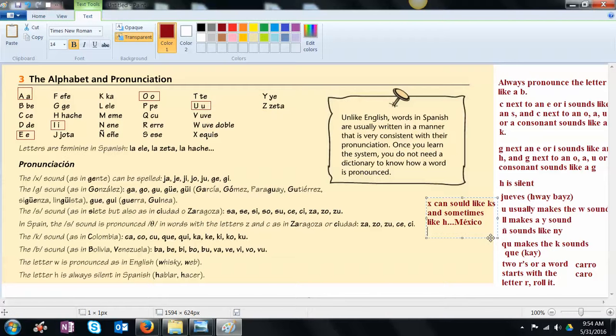But then in a word like excelente, it sounds like a KS, excelente, okay?